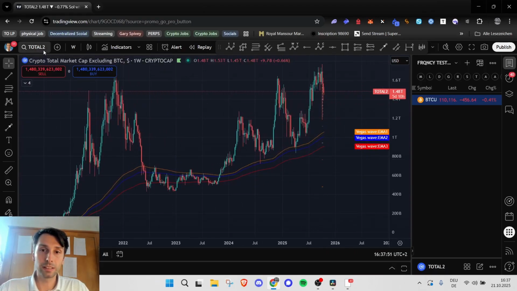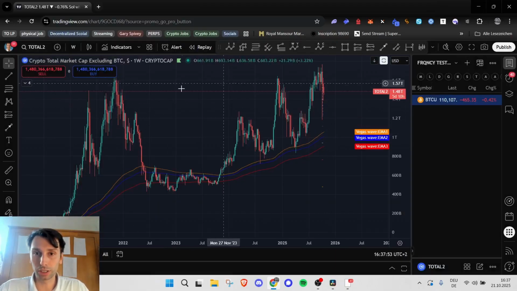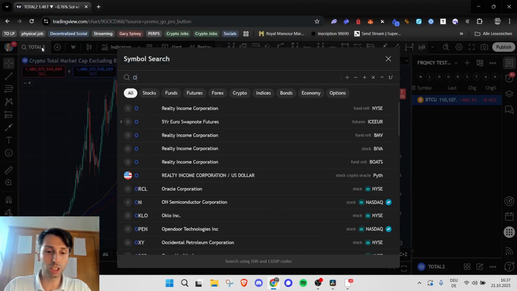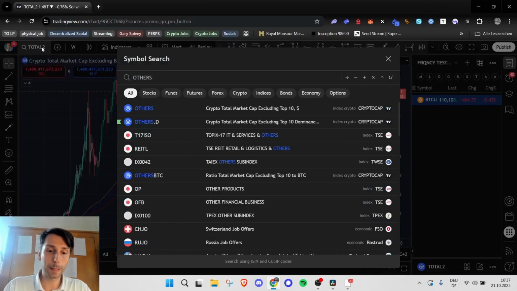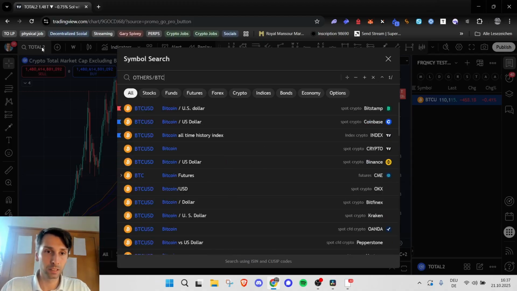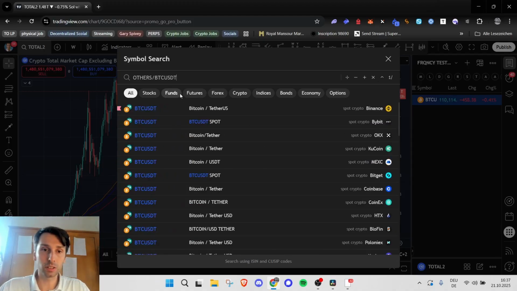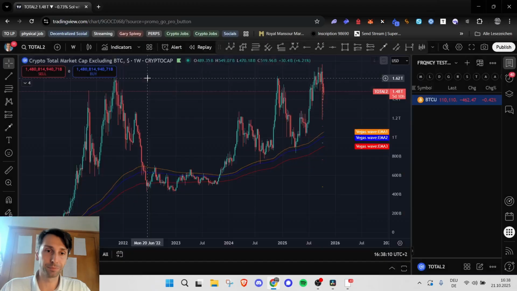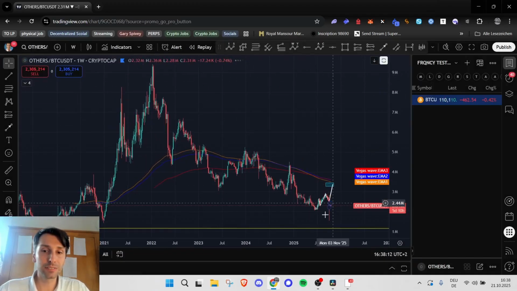We're not going to look into the charts right now. Another interesting chart that I like looking at for altcoins is Others. That's all cryptocurrencies outside the top 10 divided by Bitcoin. This is a very interesting chart.